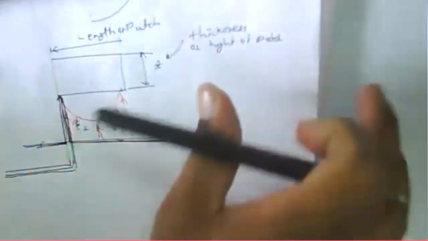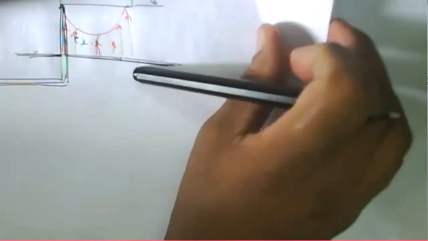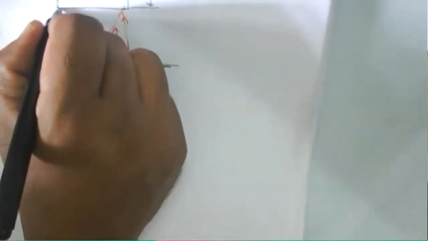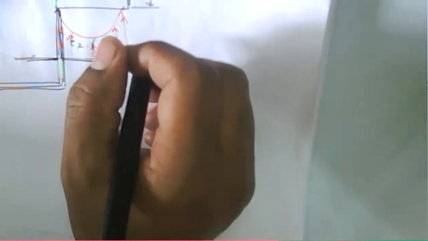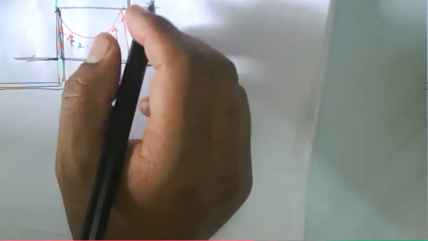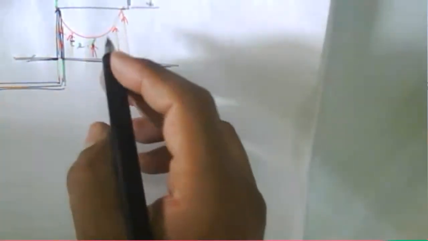These reflections reach the microstrip, or the body of the given patch, and because of that the radiation efficiency changes. Whatever input we are providing will change because of that.